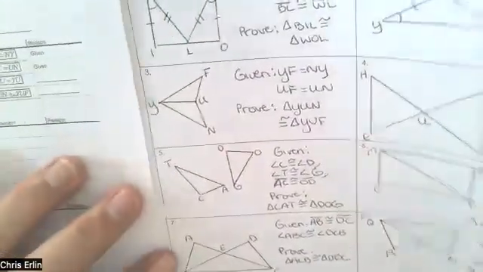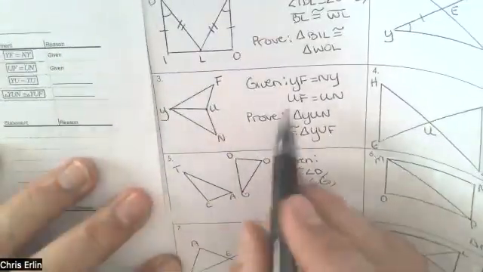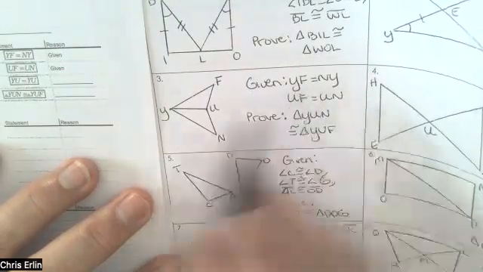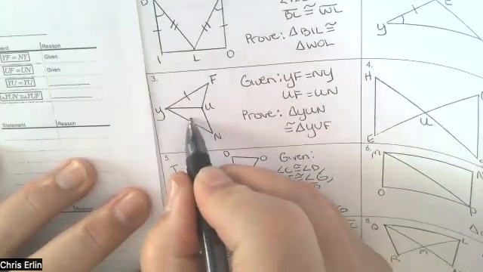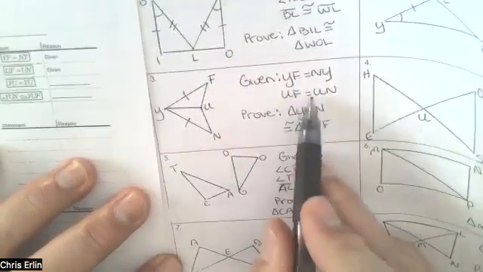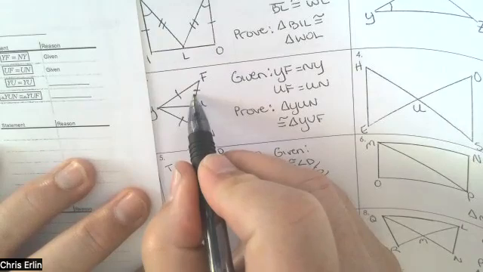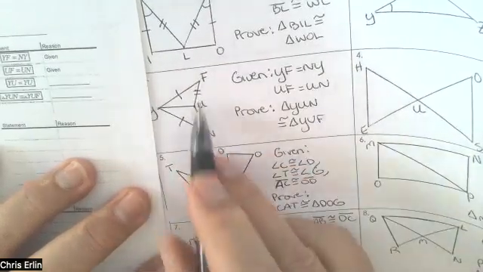Let's take a look at number 3 that I haven't quite done for you yet. YF is equal to NY, given. So let's mark that. UF is congruent to UN, given.